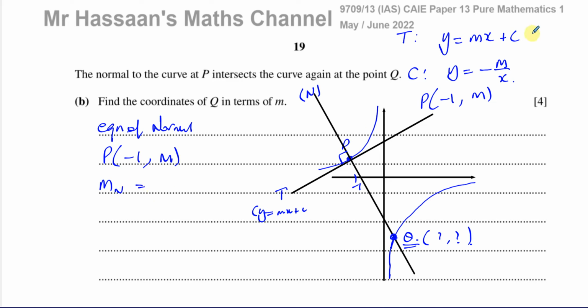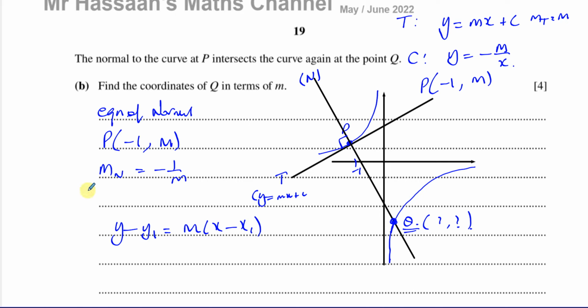So with that information, we can find the equation of the normal. I like to use this equation, y minus y1 equals m times x minus x1. Be very careful here because they've got gradients in terms of m, and even y coordinates in terms of m. Our point x1 is -1. Our point y1 is m. Our gradient is -1 over m. Those are the values you're going to put in here.